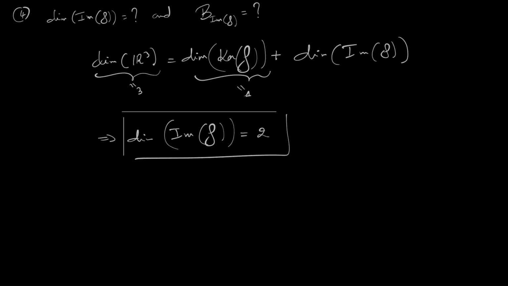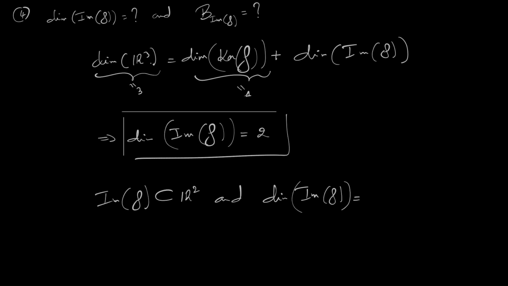Now, what is a basis for the image? We know that the image of f is a subspace of R2, and the dimension of the image of f is equal to the dimension of R2, which is 2.